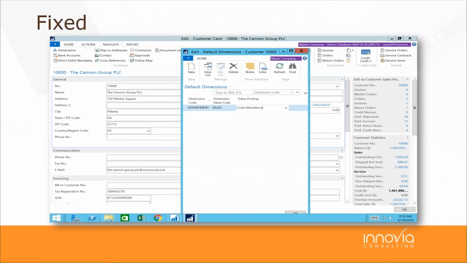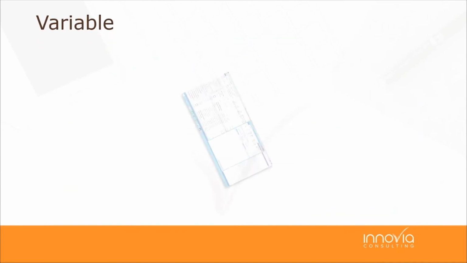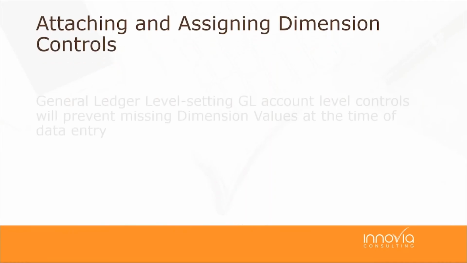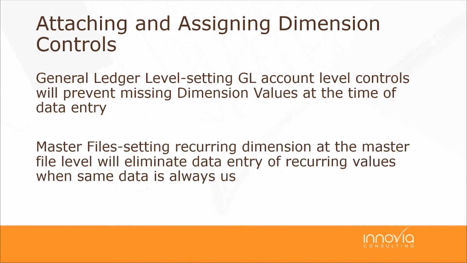And let's just back up a little bit and show you that again. Okay, so this is an example of a control, a master file one-to-one relationship. And again, this is at the general ledger level where you would set it based on a requirement, but it would still need to be determined based on the data entry time.